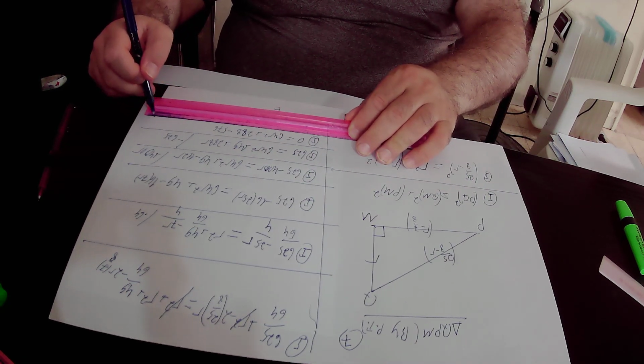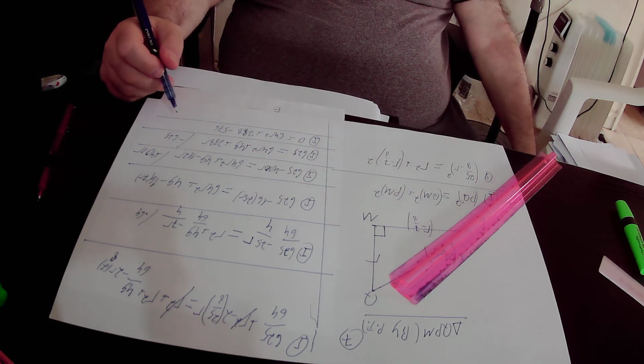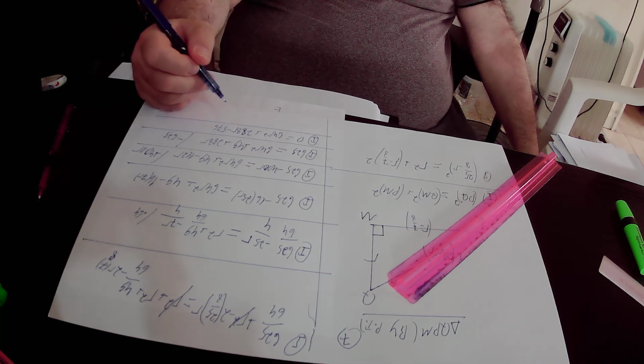So according to equation number 1, we got that 0 equals 64r squared plus 288r minus 576.